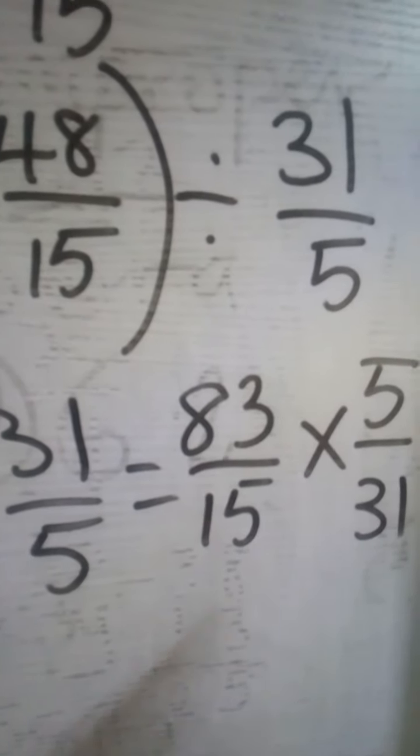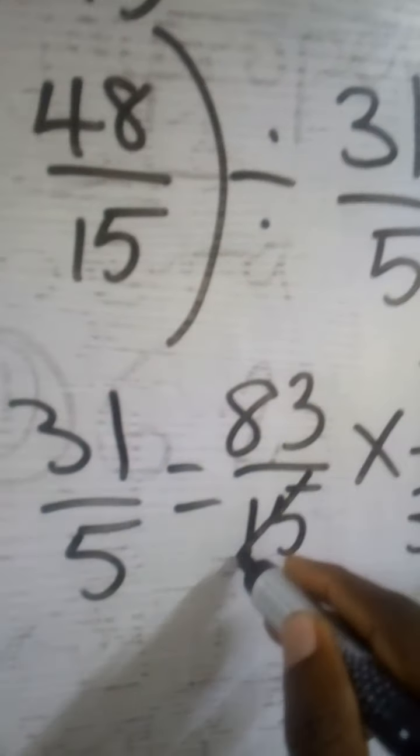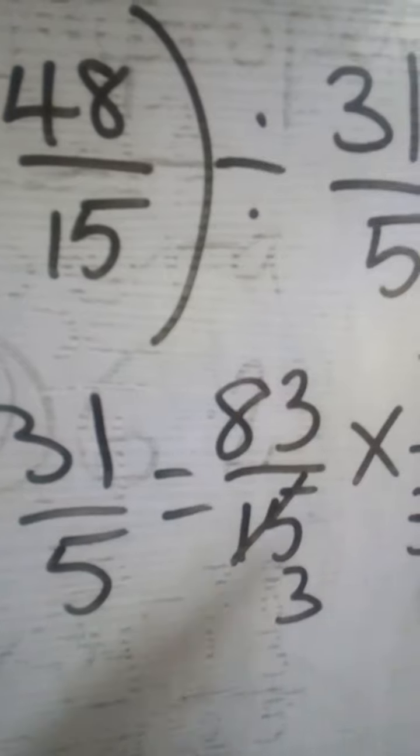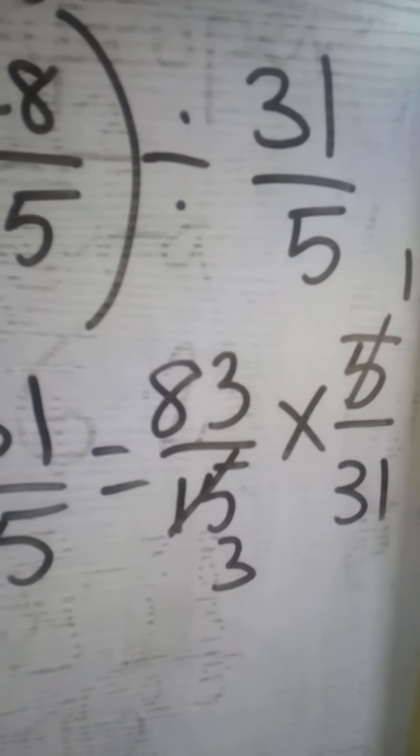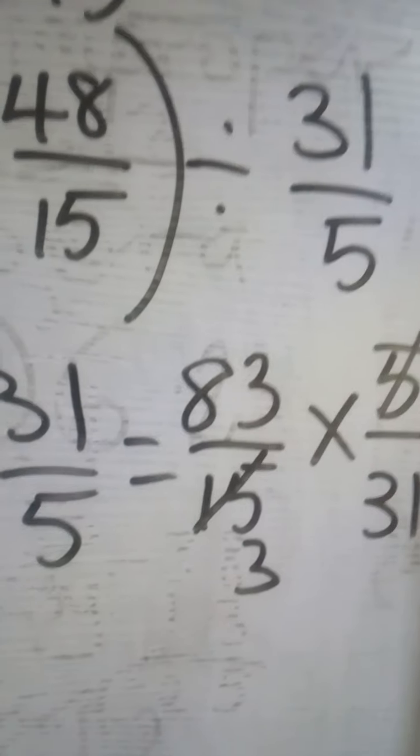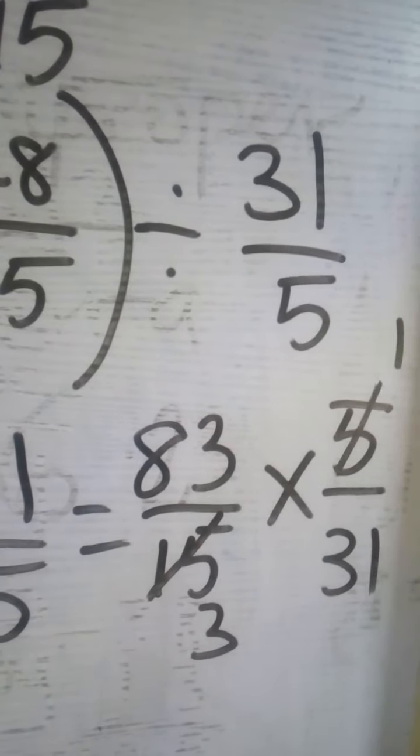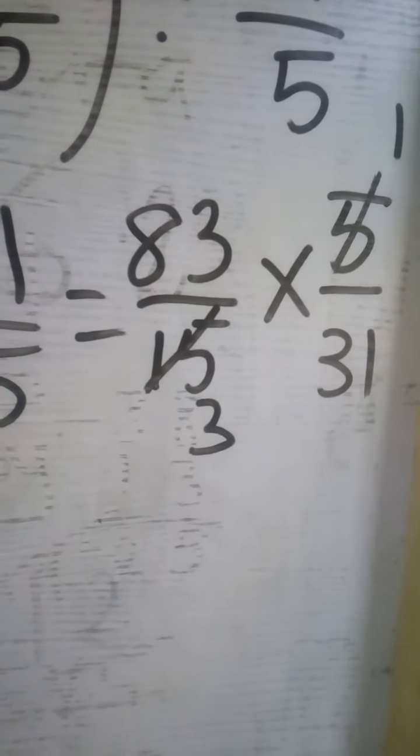So we're going to cut it down. 5 here, 5 and 5, 1. 5 here, 3. Then what can go in both 31 and 83? So of course nothing can go in it. So I have 83 times 1. That gives me my 83 all over 3 times 31, and that will give me 93. So 93. So 83 over 93.